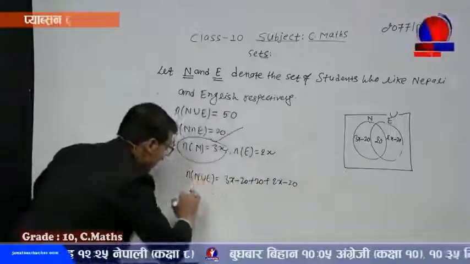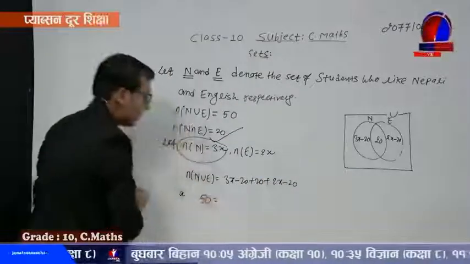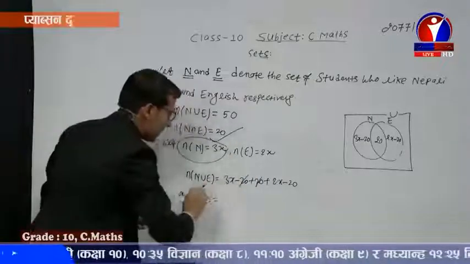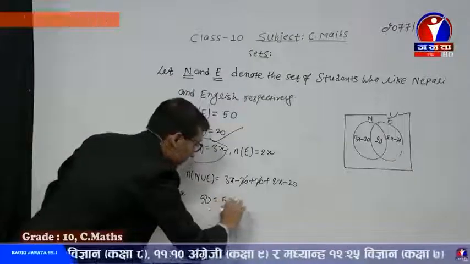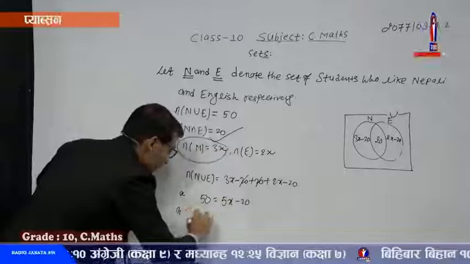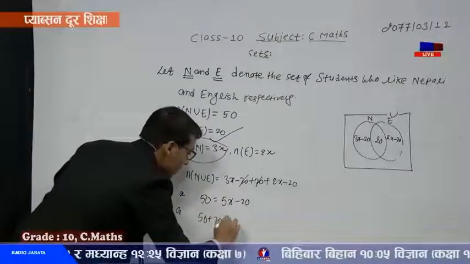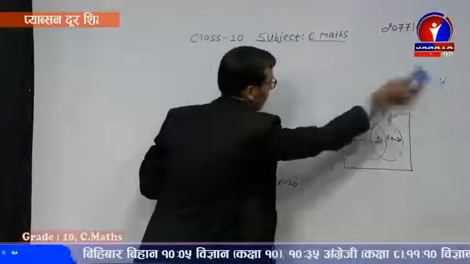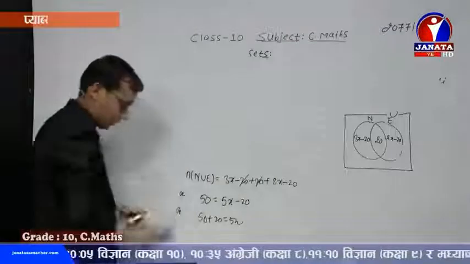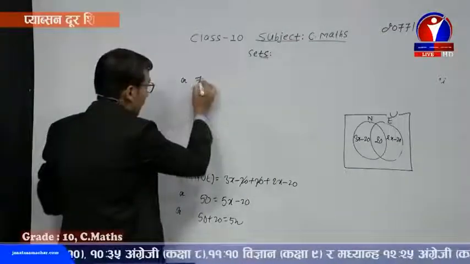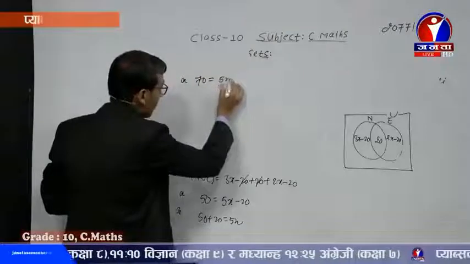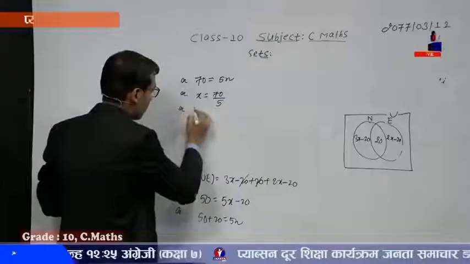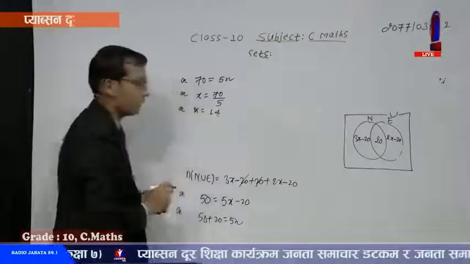So n of N union E is 50, equal to 3x minus 20 plus 20 plus 2x minus 20. Negative 20 and positive 20 cancel out. So 3x plus 2x is 5x minus 20, or 50 plus 20 is 5x. So 70 is 5x, so x is 70 over 5, x is equal to 14.